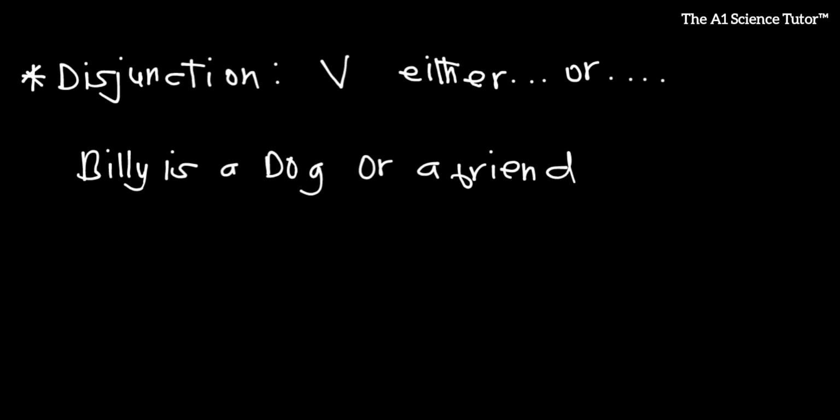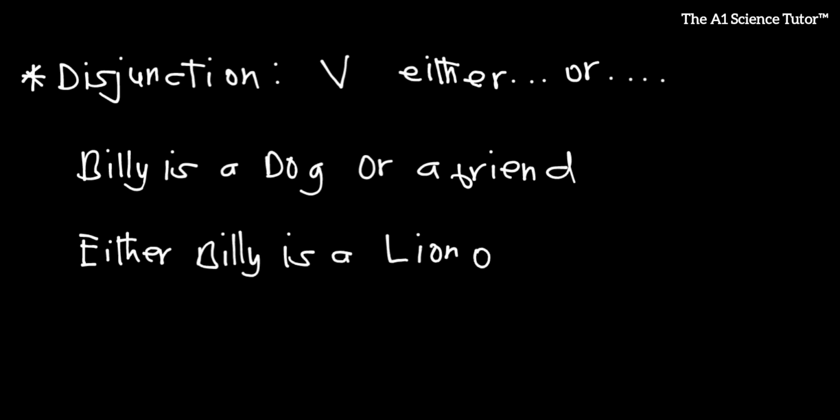But then there is something called exclusivity. The example I just gave you is an example of inclusivity. If I'm talking about exclusivity, then let's say you talk about this, either Billy is a lion or a dog. Can you say this? Now, where is actually the exclusivity? It's in a situation where you have a lion or a dog being the characteristic of this subject, Billy.